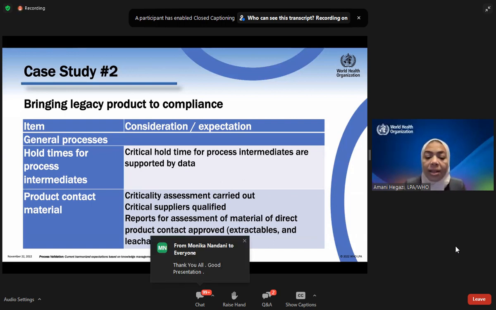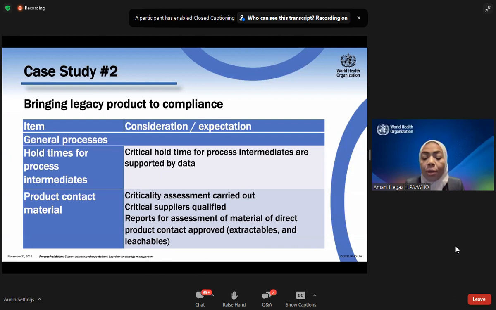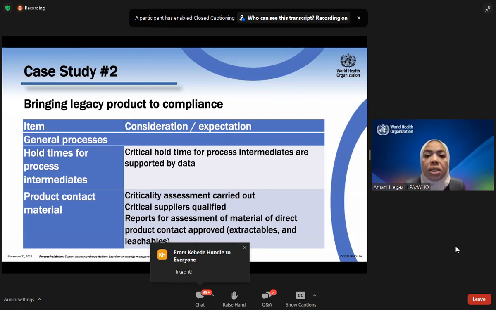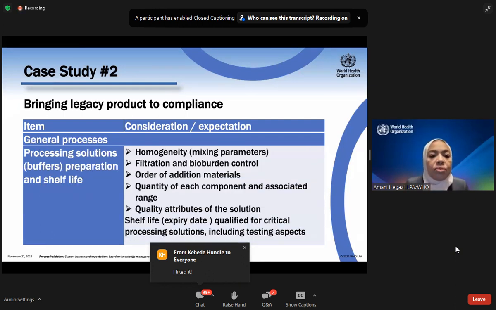Product contact material: criticality assessment is carried out, critical suppliers are qualified, and reports for assessment of material of direct product contact are approved, like extractables and leachables, and these matter.